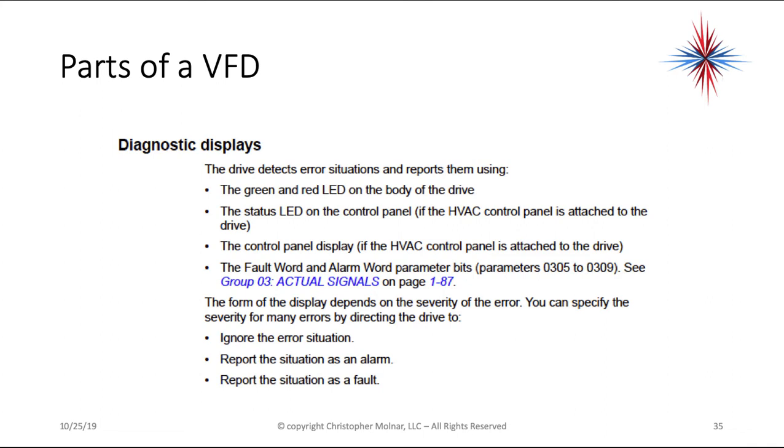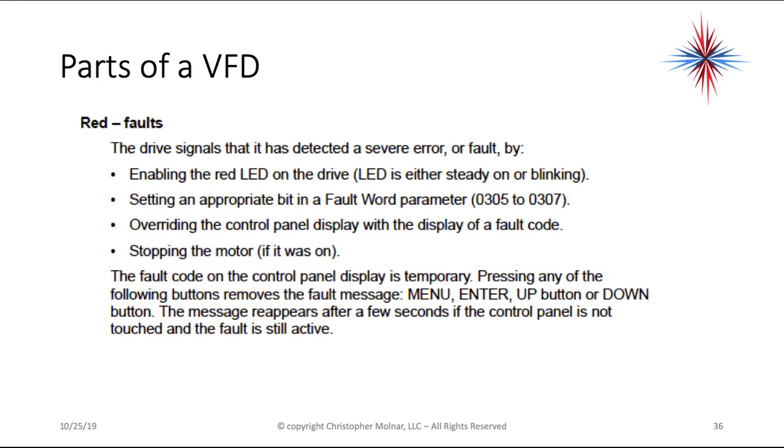You can specify severity on all controls for many errors by directing the drive to ignore the error situation, report the situation as an alarm, or report the situation as a fault. A red LED with faults signals a severe error. It sets the appropriate bit word on the output, and it overrides the control panel display to display the fault code, and sometimes it will stop the motor.